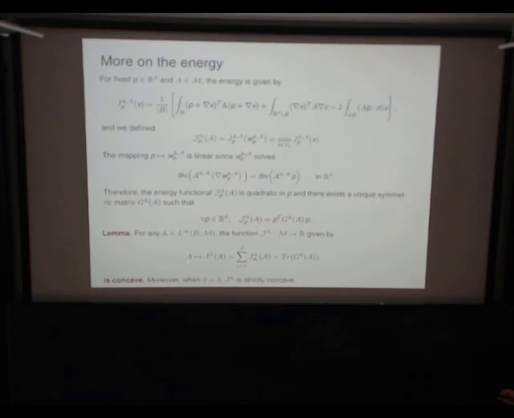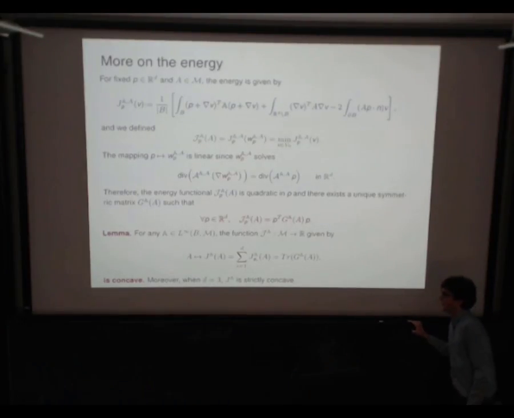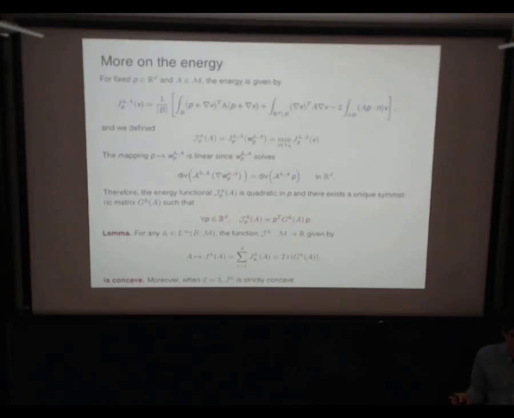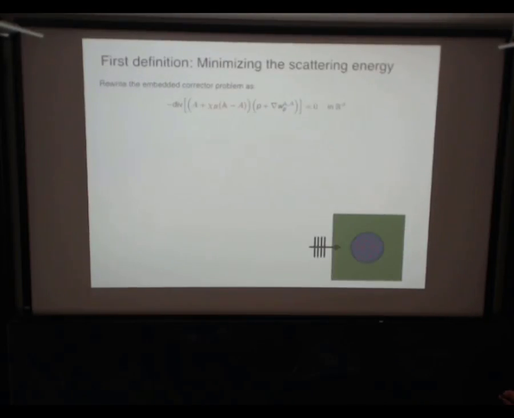On the other hand, the mapping that associates to a background matrix A this energy functional, now the sum over all canonical directions, is indeed concave. Moreover, in three dimensions, this functional is strictly concave. That is an important result that we use in the following.